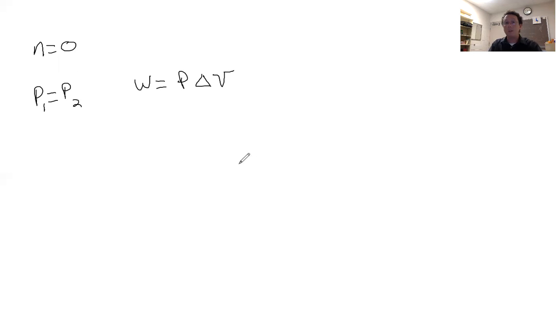Or we can use the polytropic process formula: 1 over 1 minus n times the constant times volume 2 minus volume 1, because if n is 0, I just get the first power.